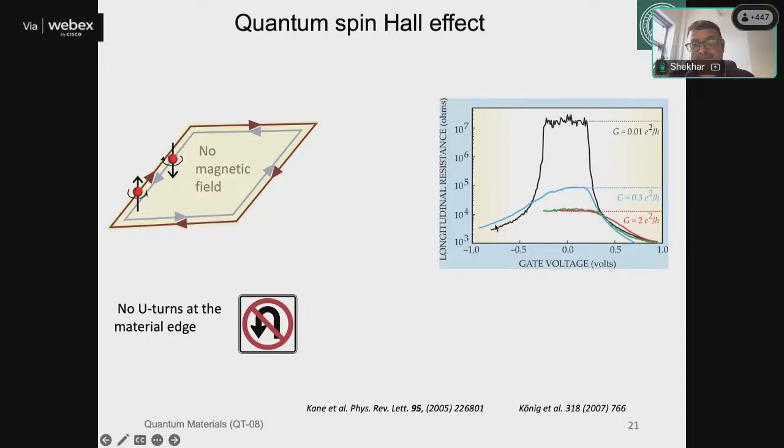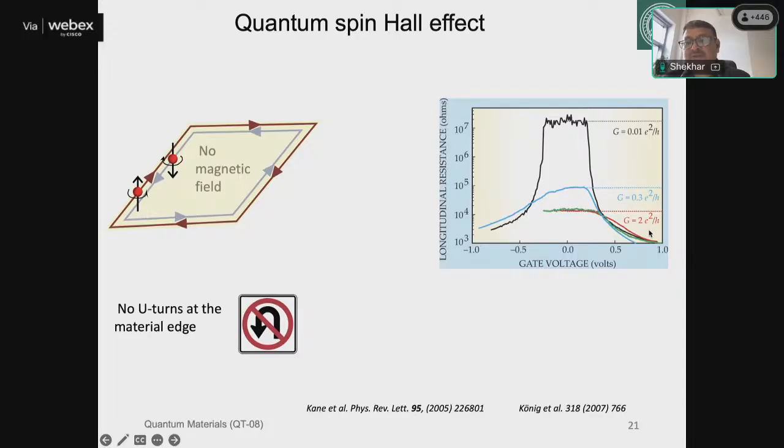They design this material, then measure the spin voltage, and they are able to see quantization. We can see different biasing voltages here. The red one is really quantized because the two spins are propagating in one channel.